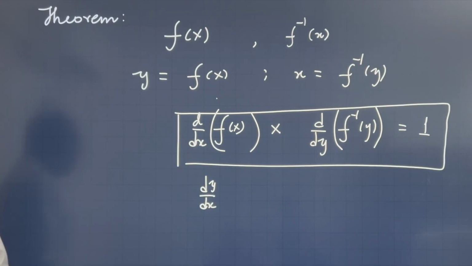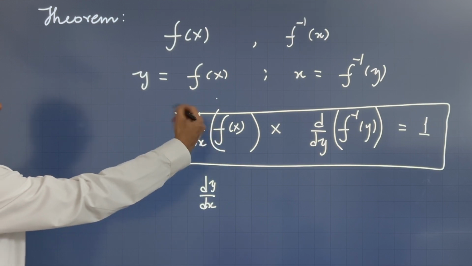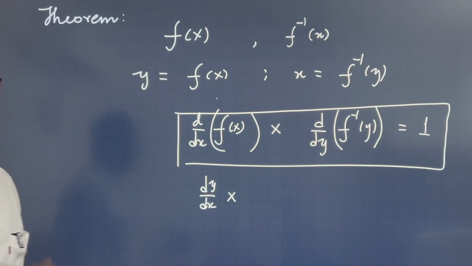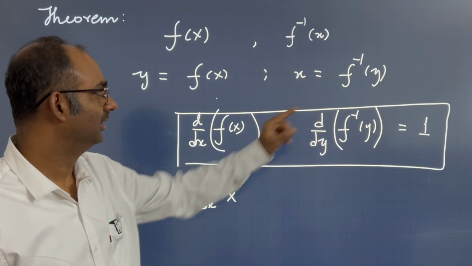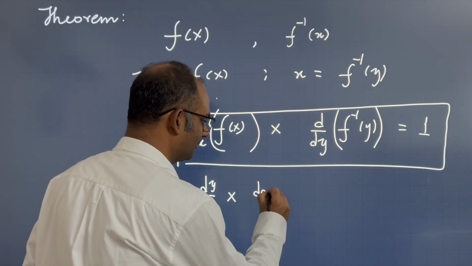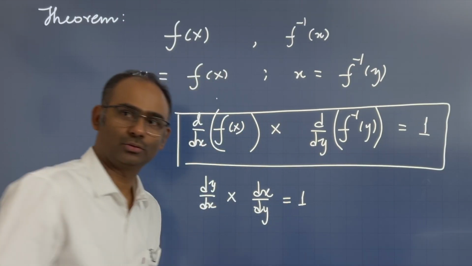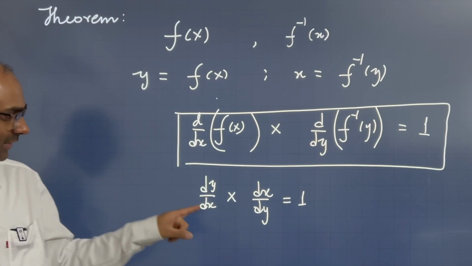I've just written it, I didn't tell you why, but anyway, that's dy over dx times, or maybe at a later stage I can tell, f inverse y is what? X. So it is dx over dy is equal to 1.